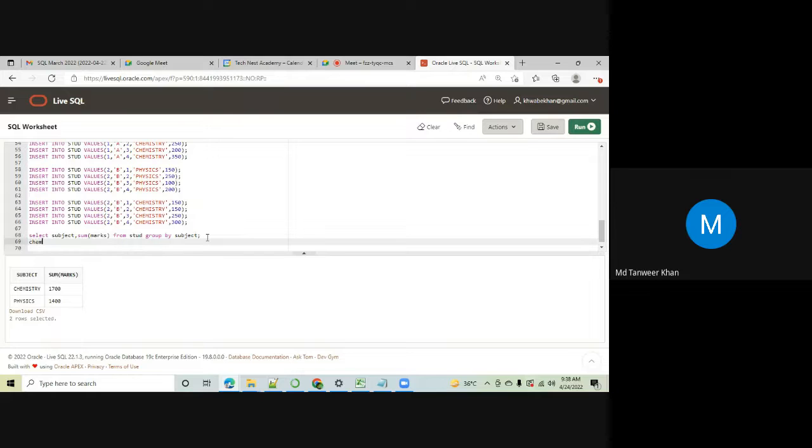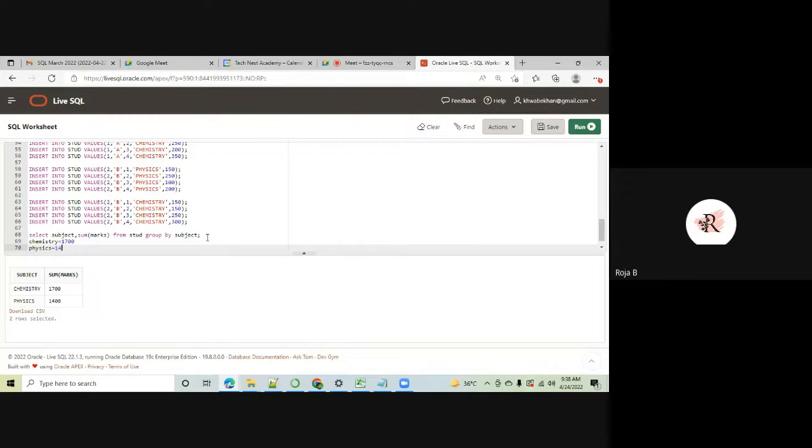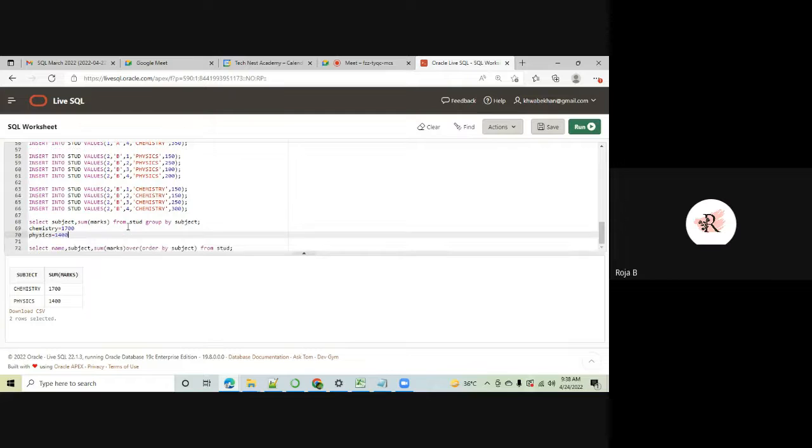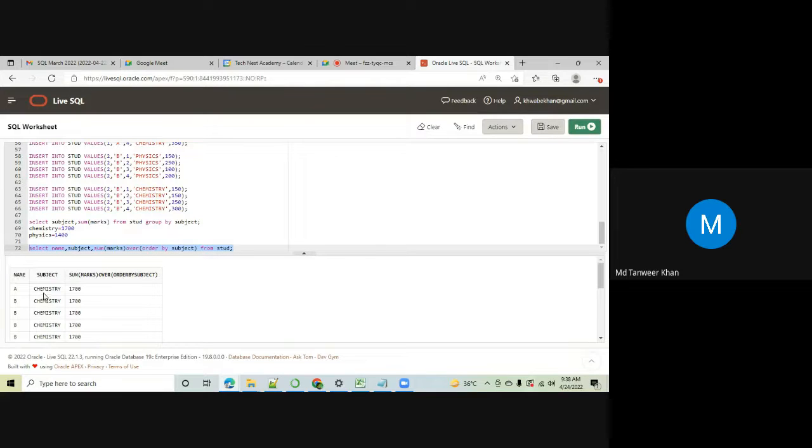Correct? Yes, chemistry was 1700 and physics was 1400. So for chemistry it is showing 1700, but suddenly why is this record showing 3100?